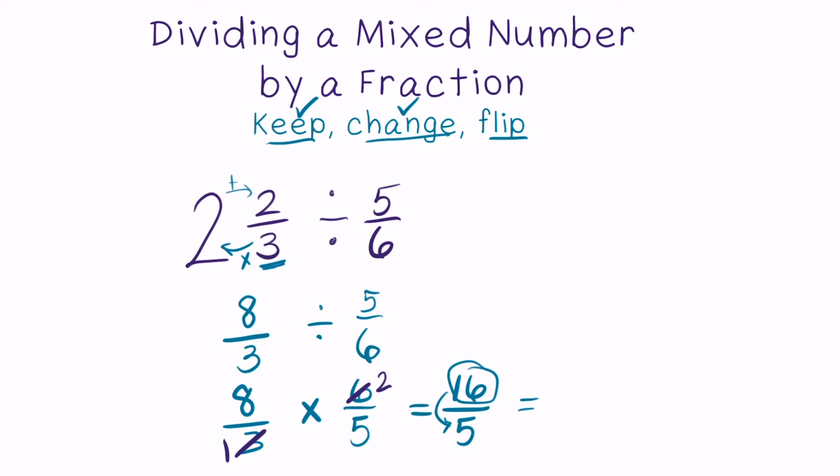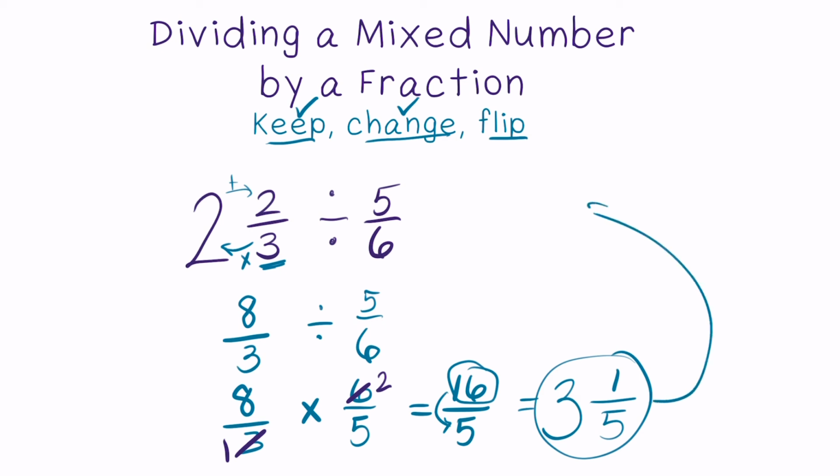How many groups of 5 fit in 16? 16 is divided into 5 3 times with a remainder of 1. Carrying over our denominator of 5, it gives us a final answer of 3 1/5, which we can apply back to our original problem. 2 2/3 divided by 5/6 equals 3 1/5.